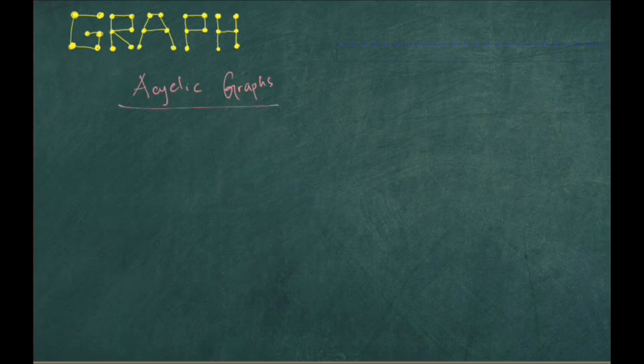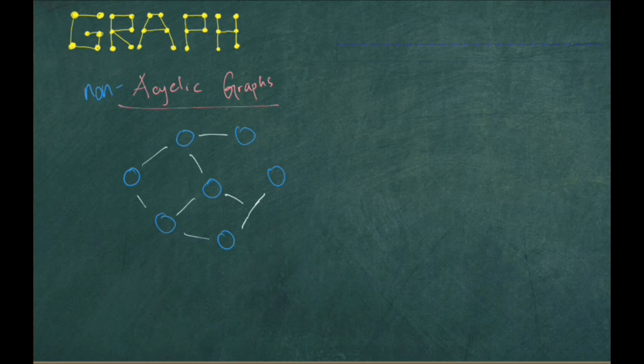Now we're going to talk about acyclic graphs. If a graph does not contain a cycle, then it's acyclic. As you can see, this graph is a cyclic graph because I can identify a cycle in the graph.